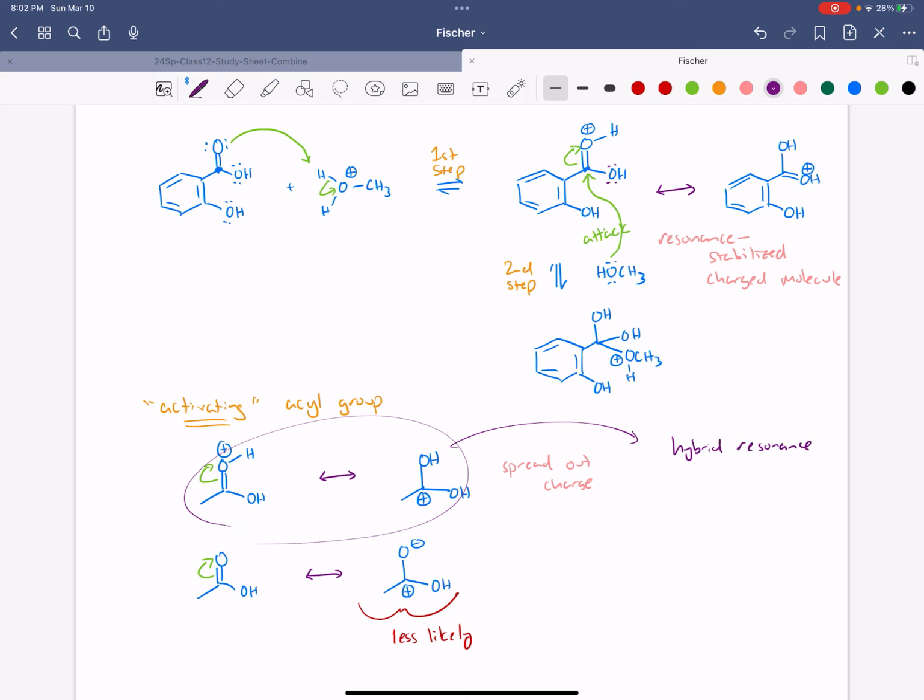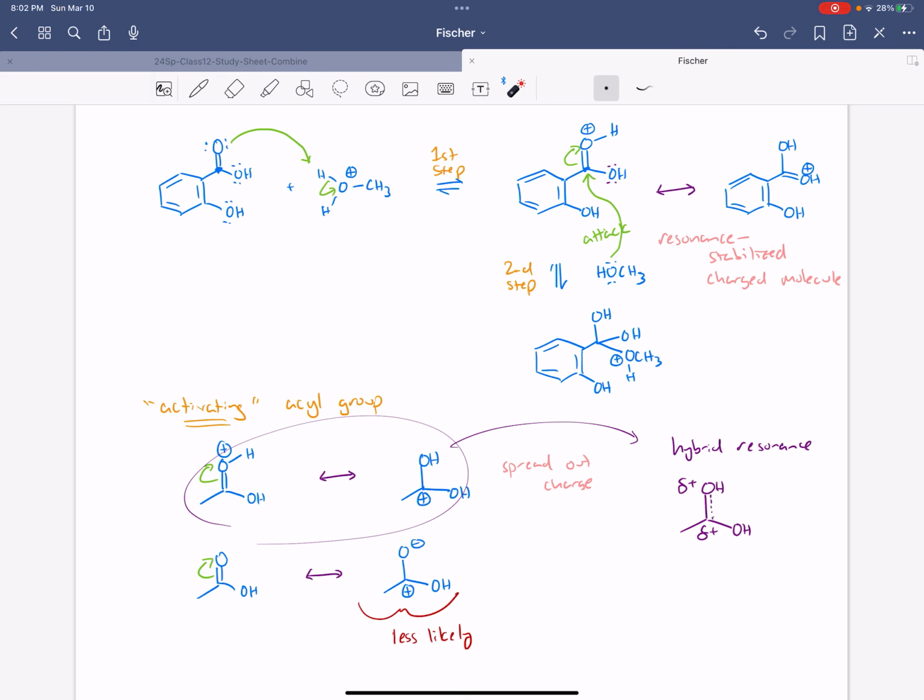And the hybrid resonance looks like this. You have a partial double bond, and you have pretty big partial positive character on this carbon along with this oxygen, because we're able to spread out the charge between that atom and this atom.